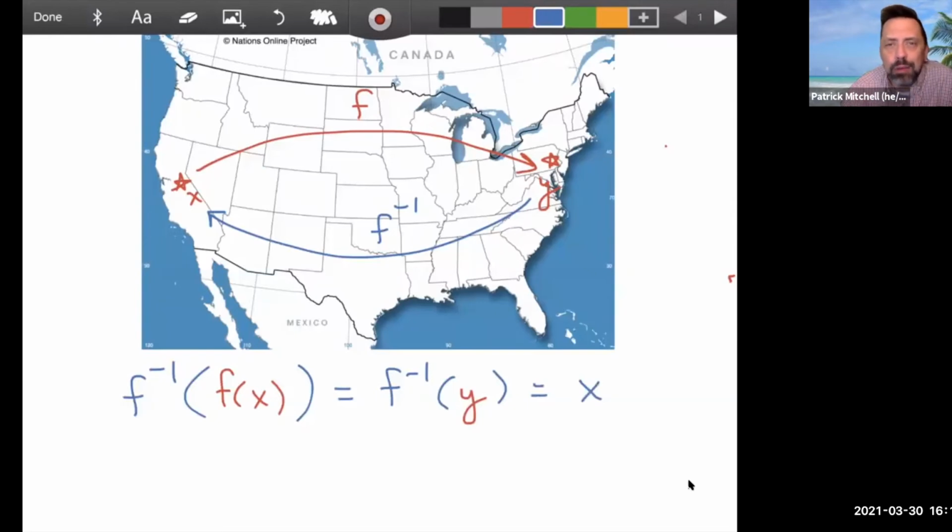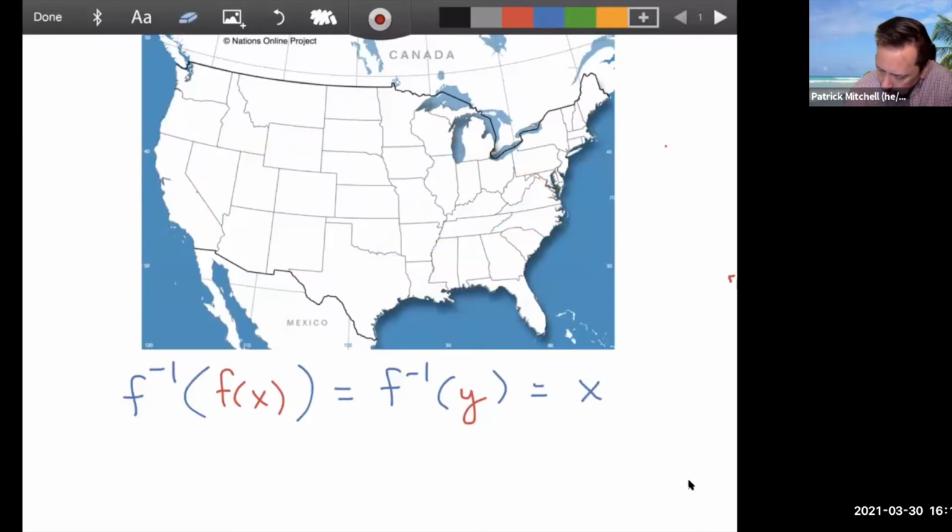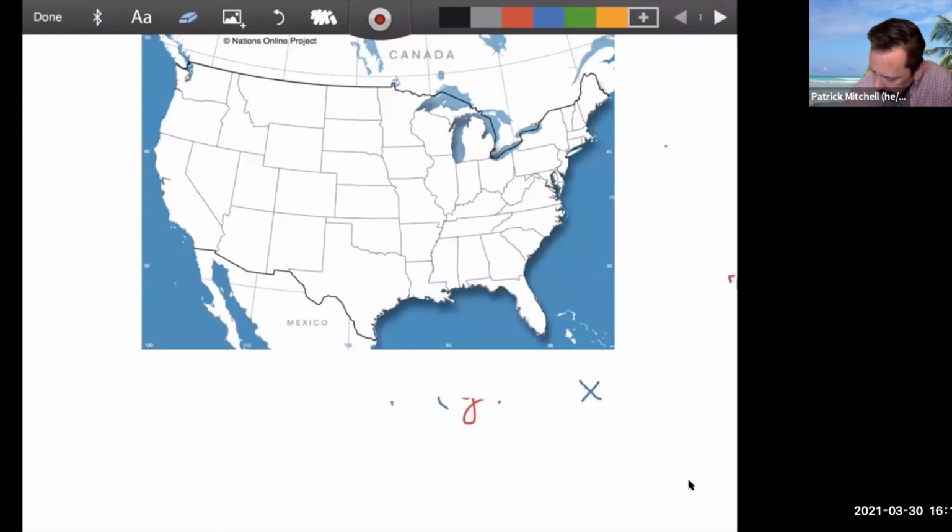In everyday language, this is just saying that when I fly back to Jersey for Christmas and then come home, I'm going to end up where I started. Now, every so often, my family in New Jersey comes to California to visit me.